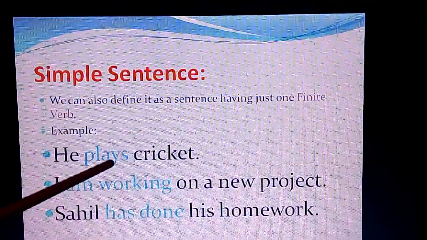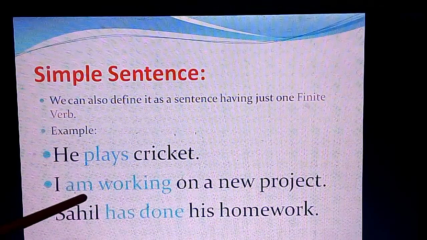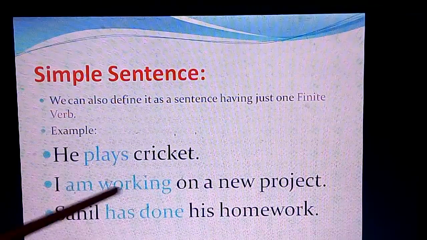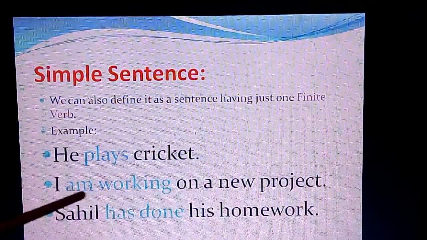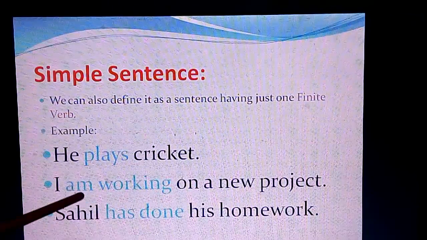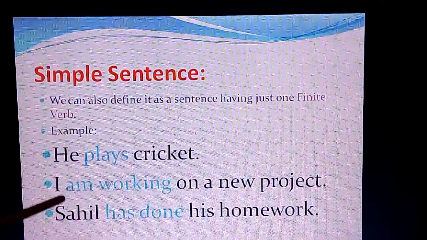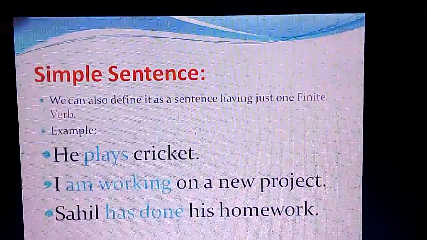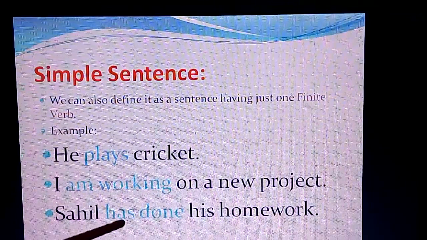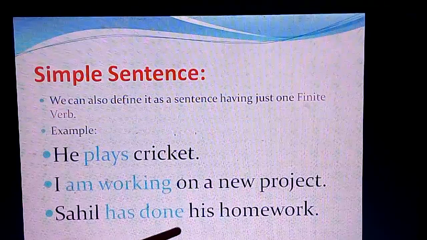The finite verb can be a combination of helping verbs and main verb. When we make a continuous or progressive tense, now I am working, so am working is helping verb plus main verb. This is one finite verb. In the same way, has done: the helping verb is has and the main verb is done.